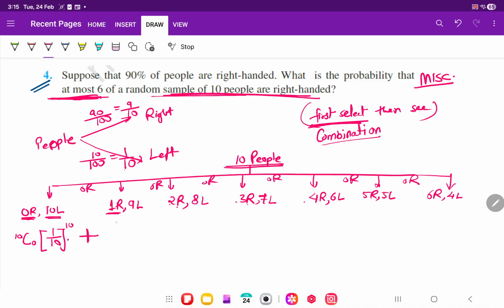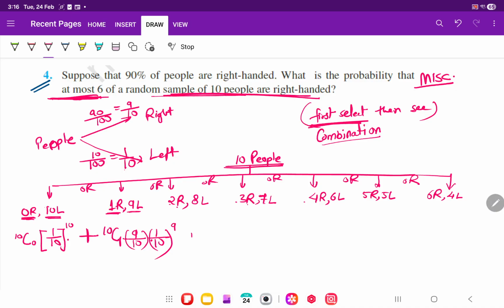Or one is right-handed. So that one person may be chosen in 10C1 ways, and the probability that one is right-handed is 9 by 10, and 9 are left-handed, so 1 by 10 power 9, because 1 by 10 into 1 by 10, 9 times; the second is left-handed, and third and fourth and fifth, like that total 9 left-handed are there.